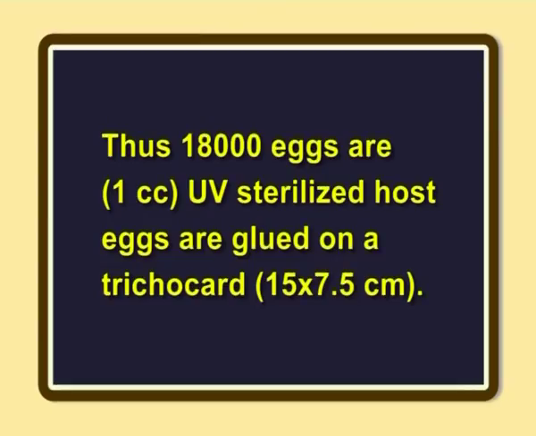Thus, 18,000 eggs or 1 cc of ultraviolet sterilized host eggs are glued on a trichocard of size 15 into 7.5 centimeter. The adult parasitoids are provided with honey streaks, 50% honey dissolved in water, drawn on inner side of the glass jar and secured tightly with muslin cloth and rubber bands.